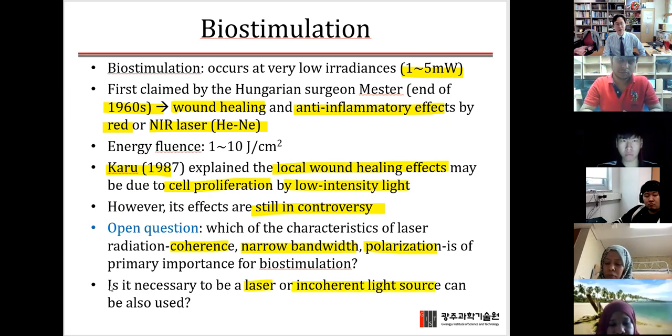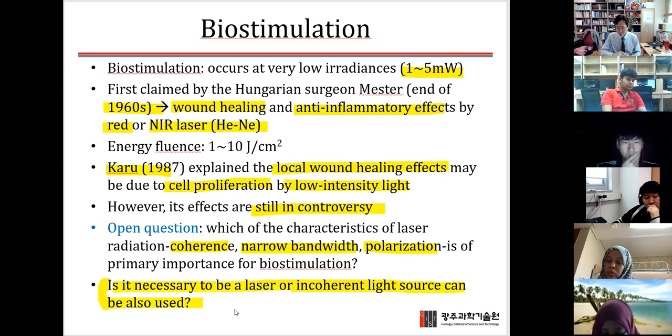Actually, the answer for the latter already came out, because there are many biostimulation or low-level light therapy devices using LED available. So for this biostimulation, not only laser can be used, but other light sources can also be used. However, when you are using a light source other than the laser, you need to have a way to limit the wavelength range that you are going to use.